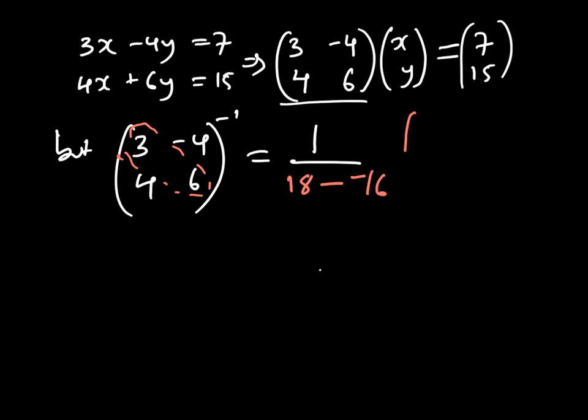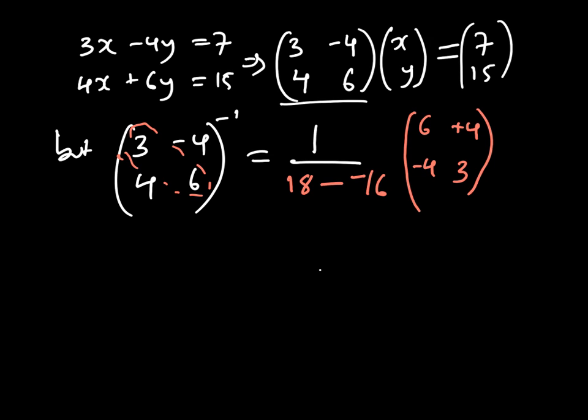Then we interchange. We are going to have here 6 taking the position of 3 and then 3 switching with it. So this is a positive 4, and this is a negative 4, because the elements on the secondary diagonal change signs. Okay, so if we are done with the inverse, 18 minus negative 16, that is 34, right?